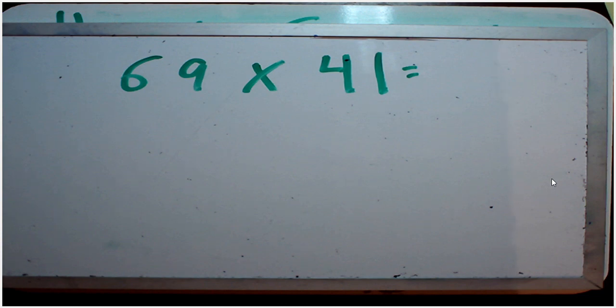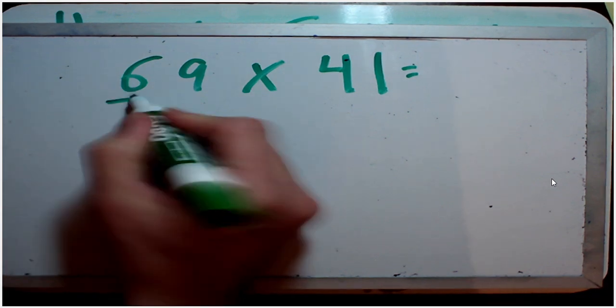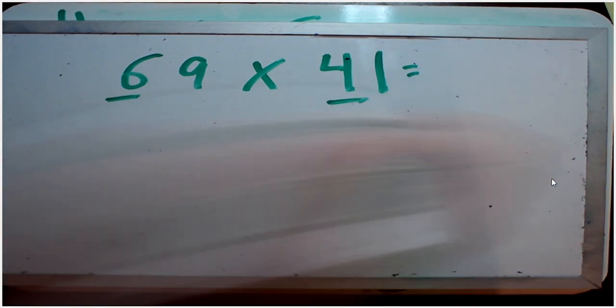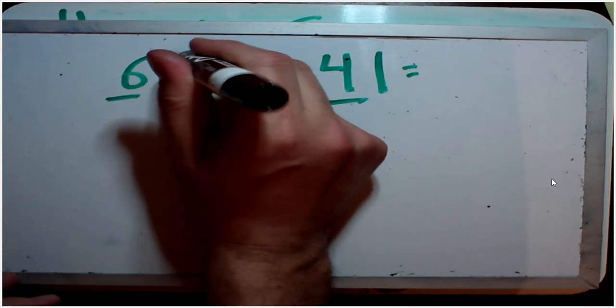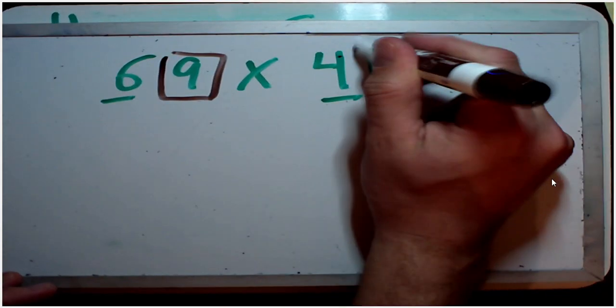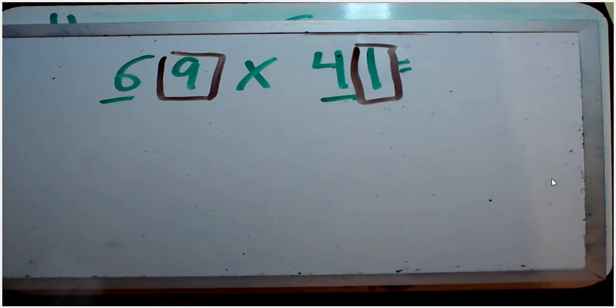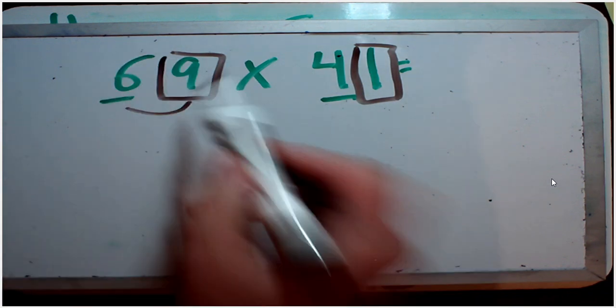Well, these are 2-digit numbers, so it makes sense to just round them to the highest digit, which is the tens place. So we're going to round our 6 and our 4, and our benchmark numbers are going to be next door, the 1 and the 9. So this 9 tells me that this 6 is going to be shoved to a 7.